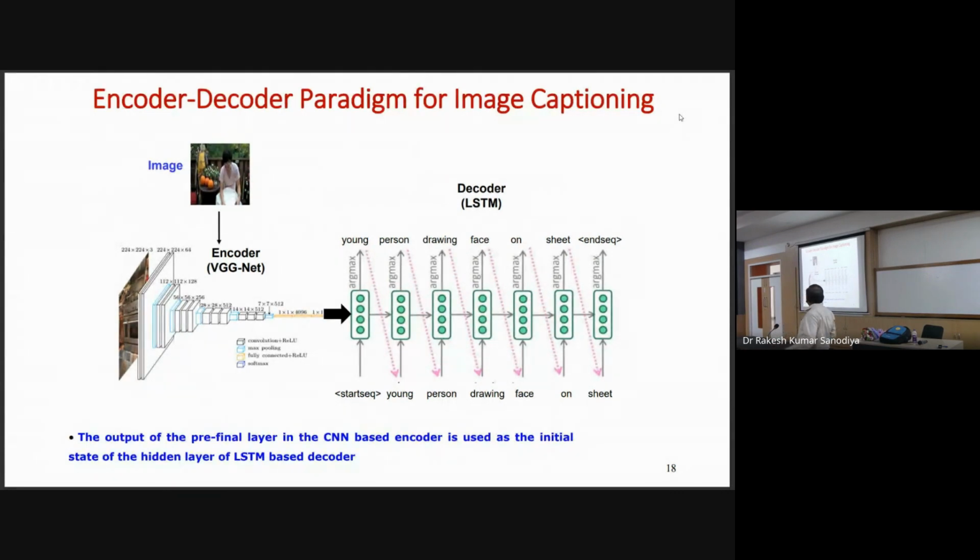Now that goes as input to the hidden layer of this recurrent neural network in the form of the LSTM. And what we do in this LSTM model to generate a sentence is that, based on the input from the CNN model that contains the representation of the image, we generate the first word, right? Then the representation of this first word goes back as input to the hidden layer, and then it will try to predict the second word. And this process continues until we reach the end of the sequence.